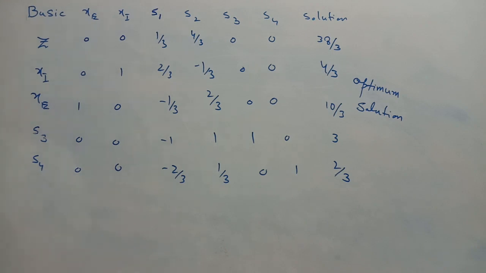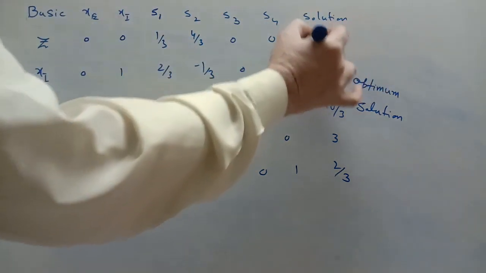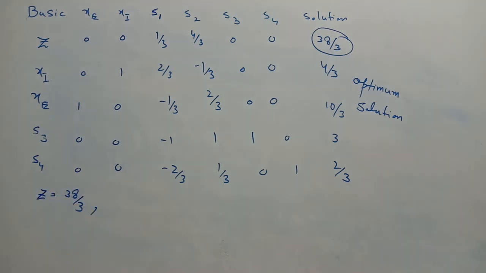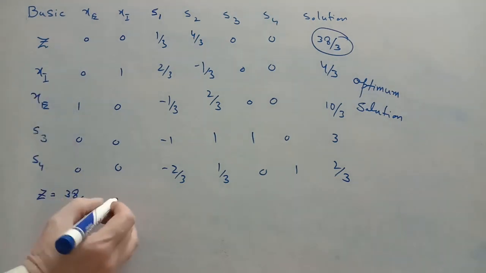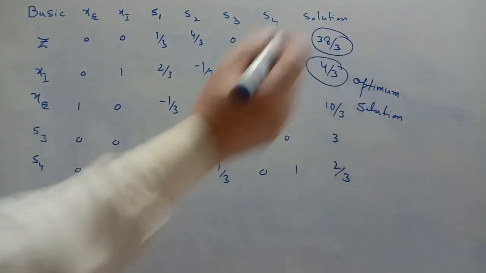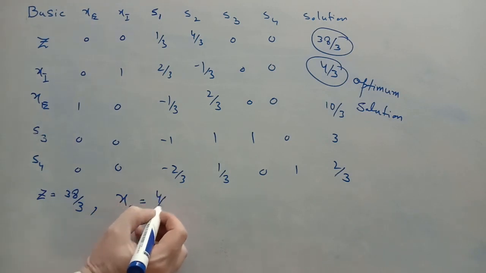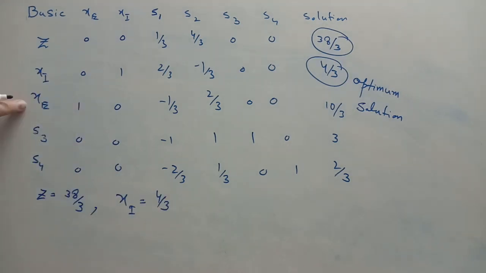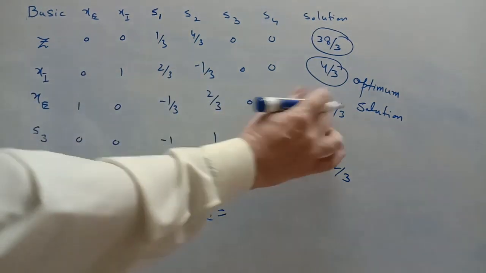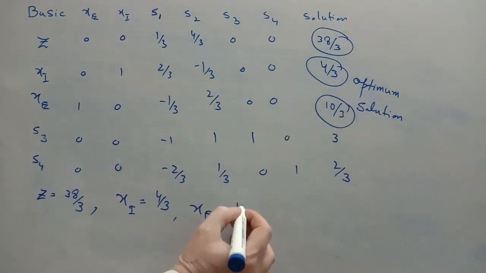Before going to the verification, note down this: z equals, what is z's solution value? 38 over 3. Okay. xi, what is its solution value? 4 over 3. What is xe? Its solution value is 10 over 3.